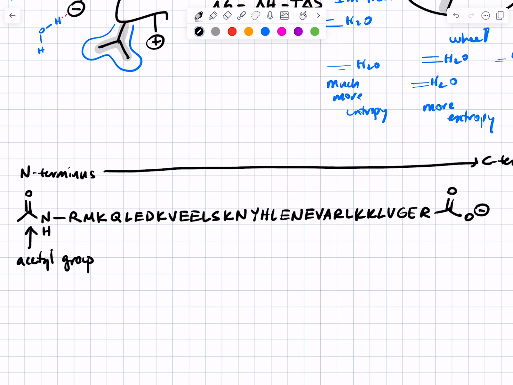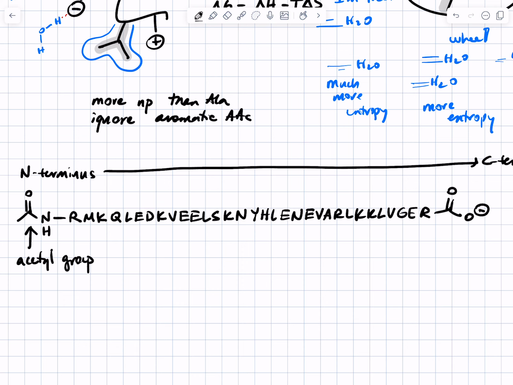I also want you to identify all the amino acids that are nonpolar. And let's say this. I want you to identify any amino acid that is more nonpolar than alanine, and I want you for now to ignore the aromatic amino acids. So basically, you're looking for things like valine, leucine, isoleucine, and methionine. Okay? Yes? What pH?